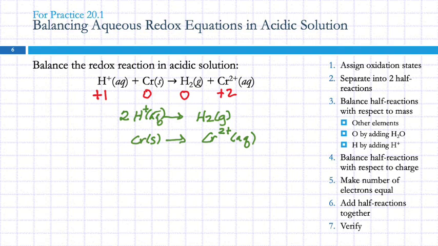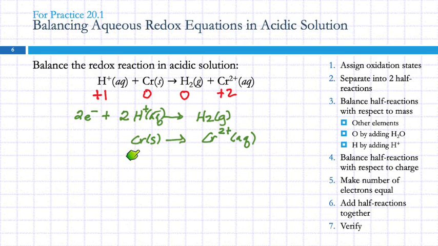So electrons have a negative charge. So this is +2 and that's 0. Adding electrons over here is going to make things worse, right? But if I add electrons over here, I can bring that positive charge down to 0. So if I add 2 negative electrons, now I've got 2 negative charges and 2 positive charges. That adds up to 0 overall and 0 on the right. Does that make sense?